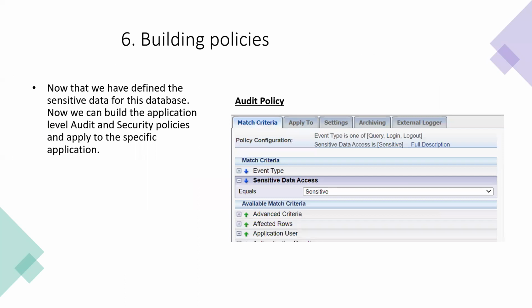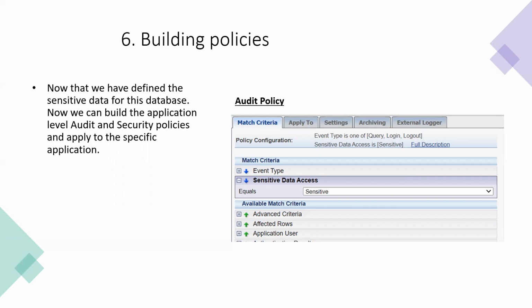So finally, building policies. Now we know what is the sensitive data within a database. Now we can create audit policies and security policies. Audit policies for visibility, and security policy for security. It throws an alert if some unauthorized person is accessing that sensitive data. So as you see here, in the audit policy, we make it a sensitive data access event type, and we apply it to the proper databases.